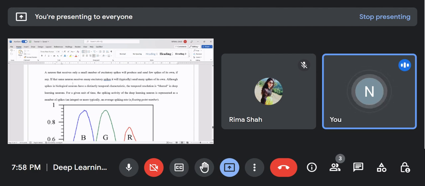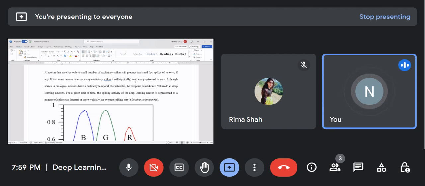If that same neuron receives many signals, then it will send many signals of its own. It depends on the kind of energy which has been initiated in your neuron, and accordingly it will transfer the data. If the energy is more, then the transmission will be accordingly more. If the energy is less, then the transmission will be according to the less energy.